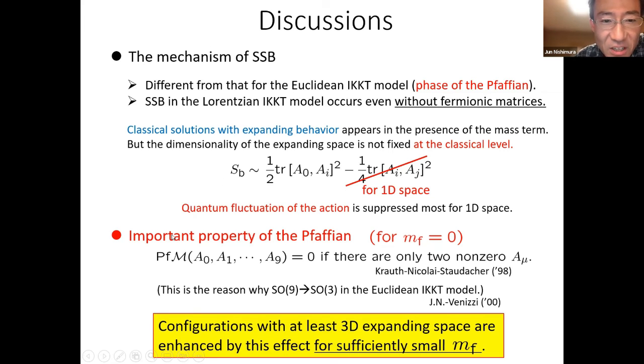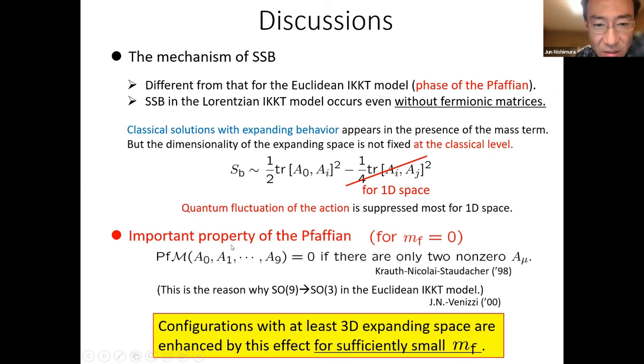Well, there is an interesting suggestion here. There is actually an important property of the Pfaffian, at least for MF equals 0, the supersymmetric point. Namely, the Pfaffian is actually 0 if there are only two non-zero A_mu in this argument. This was already found in this old paper. And this mathematical fact is the reason why we get SO(9) to SO(3) SSB in the Euclidean IKKT model, as we discussed in this paper.